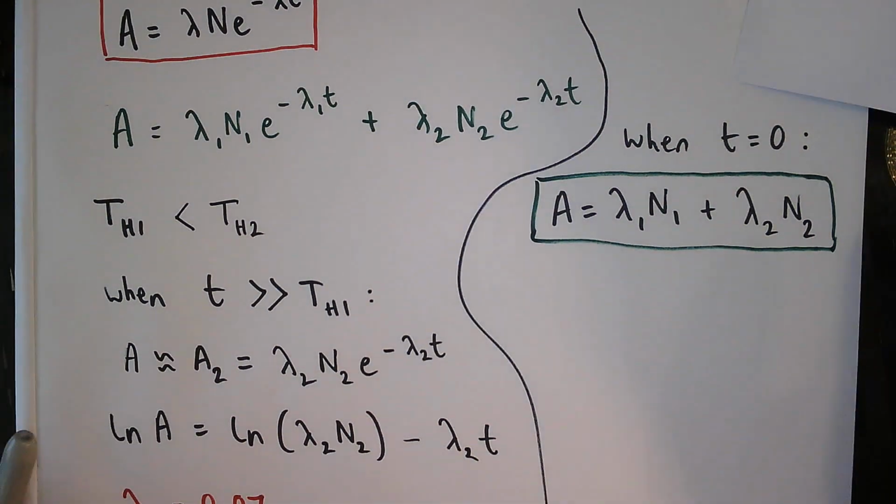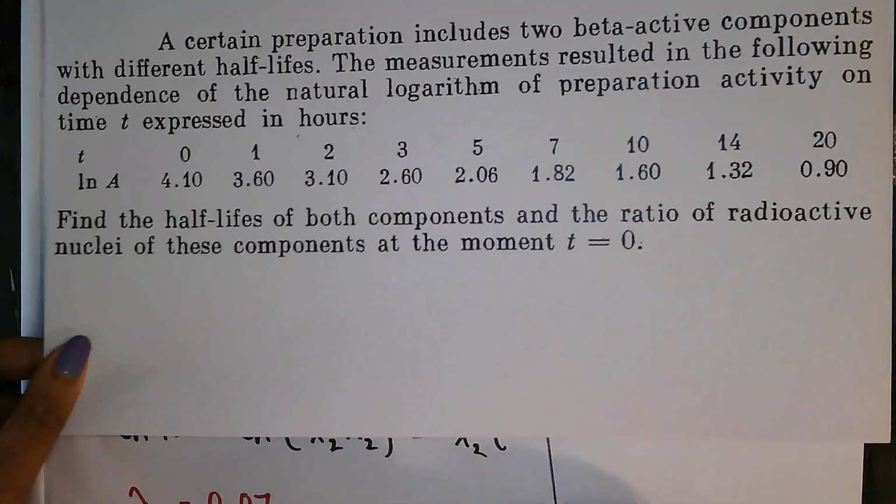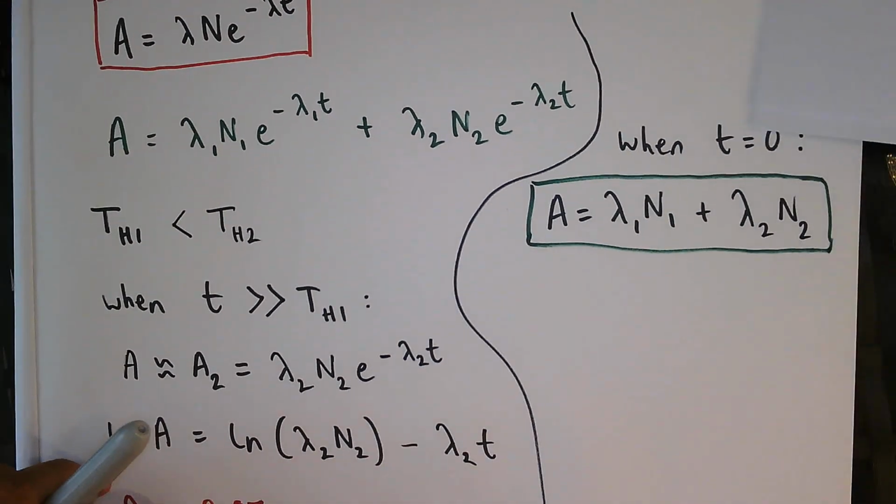And the question is asking us to find the ratio of the radioactive nuclei, so we are looking for n1 over n2, so that ratio.